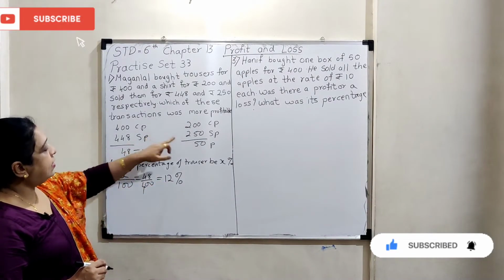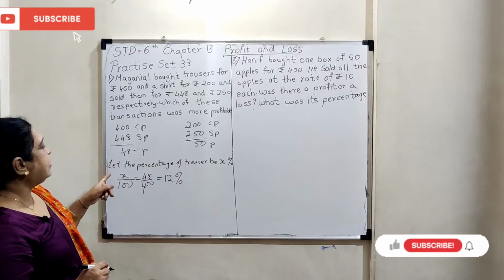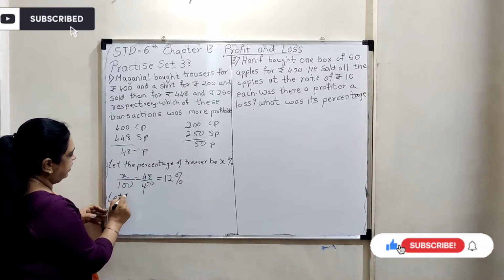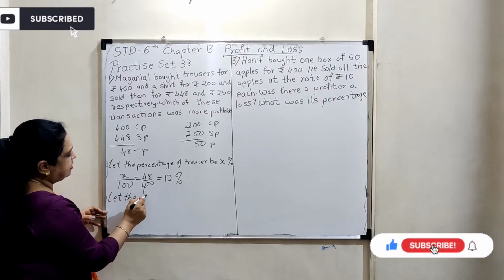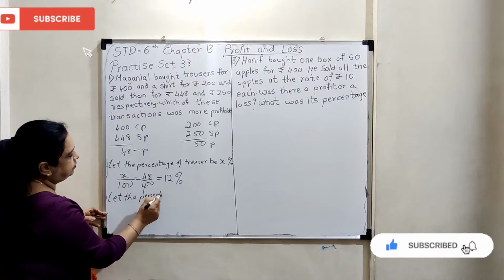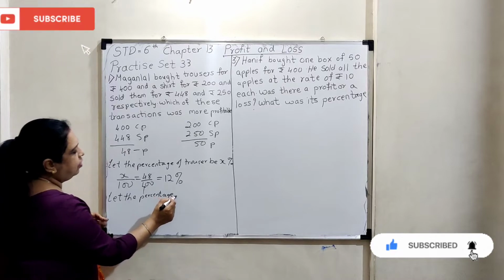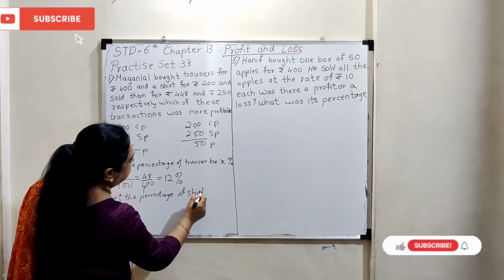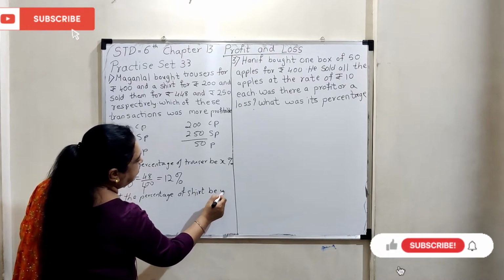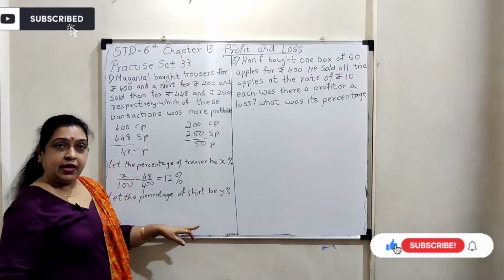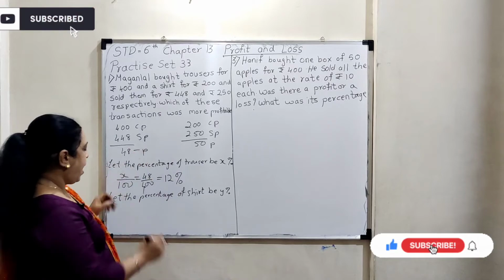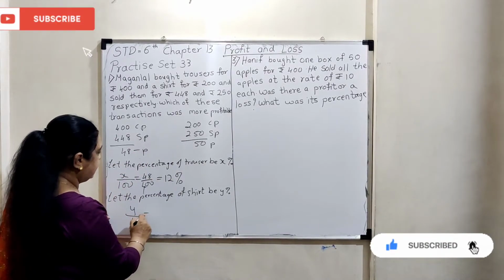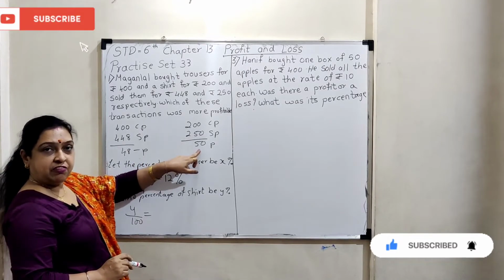Now again, we have to calculate the percentage of the shirt. Let the percentage of shirt be y%. So y upon 100 is equal to, how much is the profit? 50.